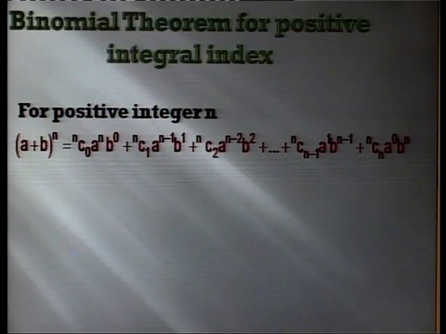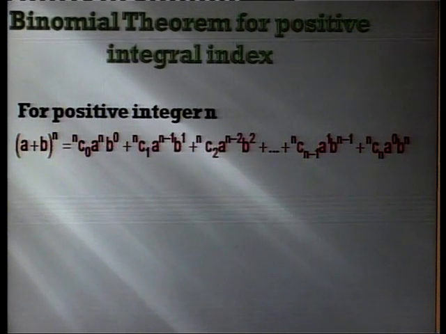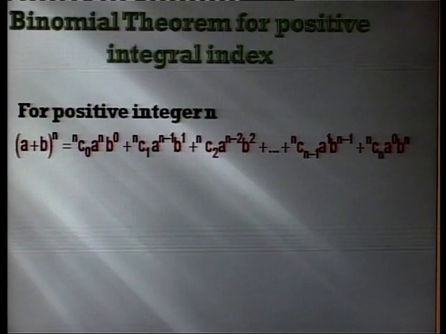And the coefficients are very simple: nC0, nC1, nC2, nC3, nC4, up to nCn minus 1 and nCn. And in view of the remark that nCr is nC(n minus r), the coefficients which are at equidistance from left side or from right side will be same, because nC0 is nCn, nC1 is nC(n minus 1) and so on.